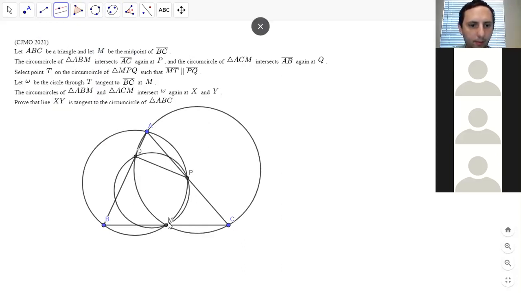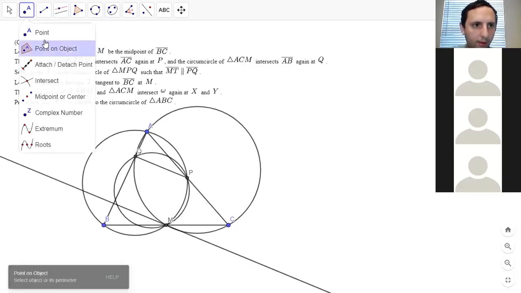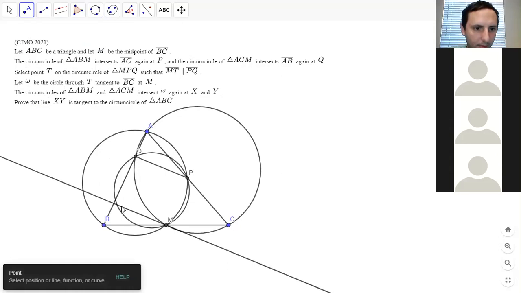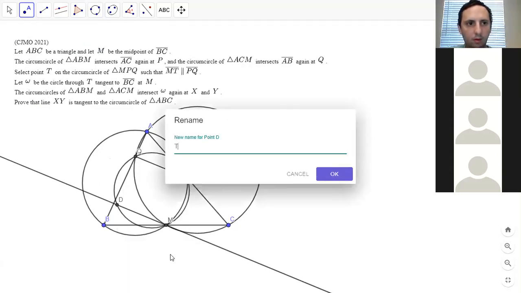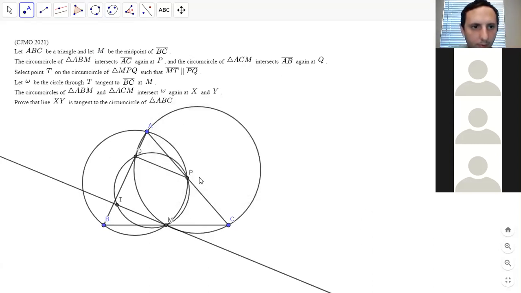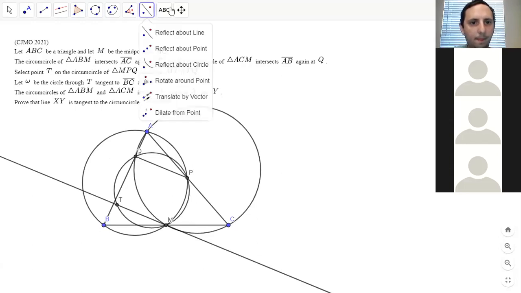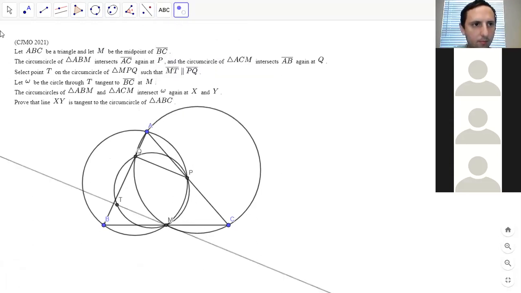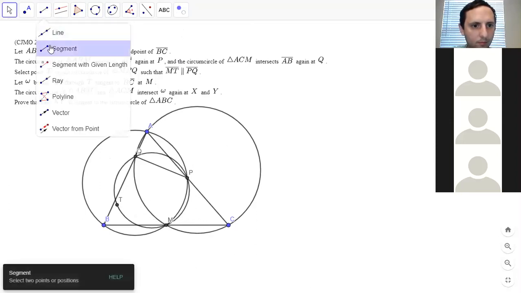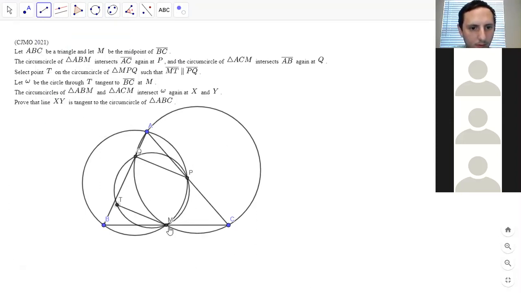So that would be point T. And then we draw the circle through T tangent to BC at point M.